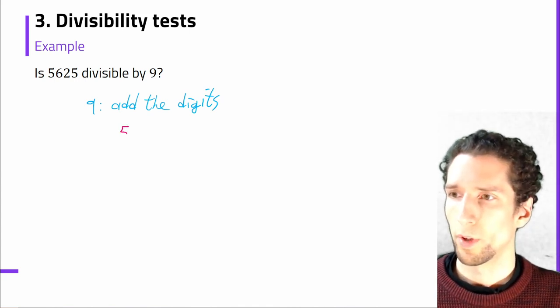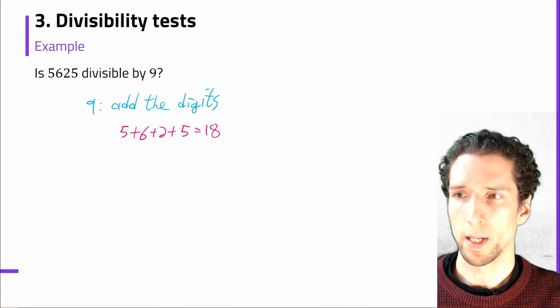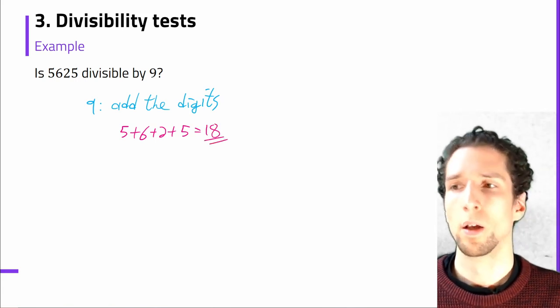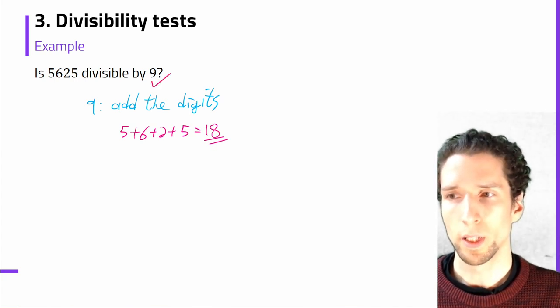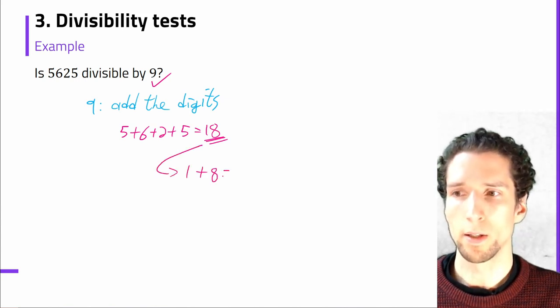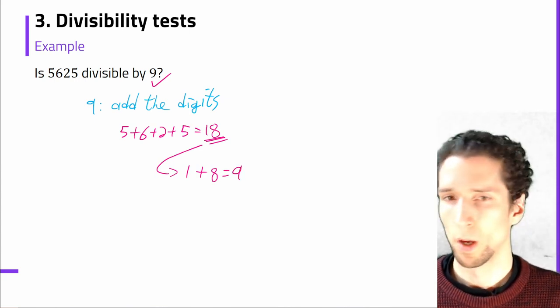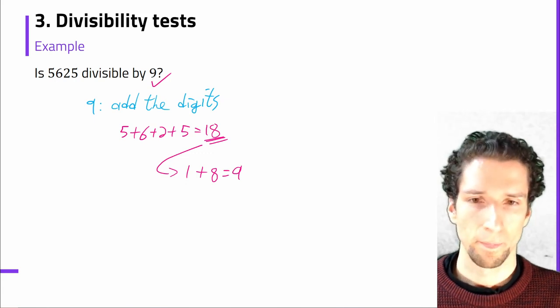So 5 plus 6 plus 2 plus 5, we already did this. We saw the result is 18, and 18 is divisible by 9. So yes, the original is. Just in case we get a very large number that's hard to look at, we can just do it again. 1 plus 8 is 9, so yes, 9 works. Very simple here. Just add the digits.